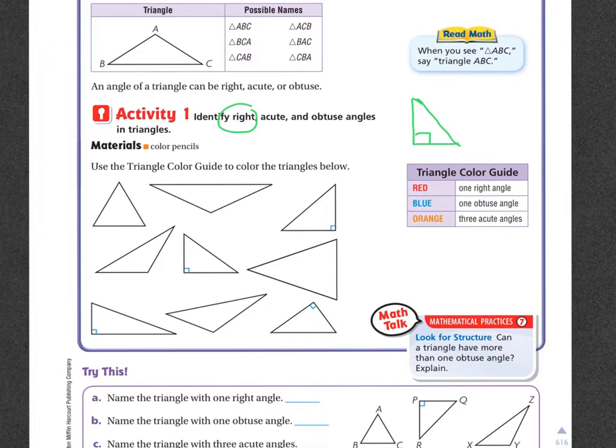And then we also have acute triangles. With acute triangles, all of the angles are going to be less than 90 degrees.